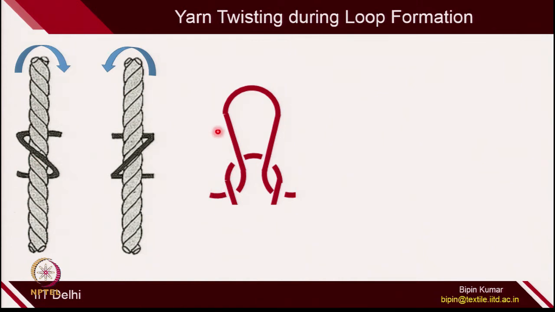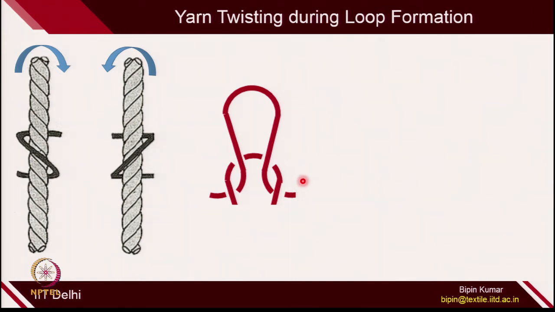Naturally, if you see this portion of the yarn on the left side, this part of the loop actually has additional S twist, because you are bending the yarn in such a way, while if you see the right portion of the loop, it is bending in the form of Z. You can see this is the Z direction. So, the same yarn, although we have already twisted it, during the loop formation some part of the yarn has increased S twist, and some part has more Z twist.